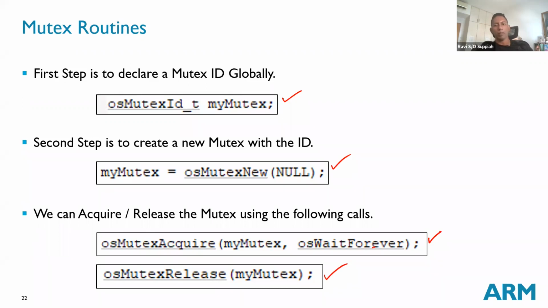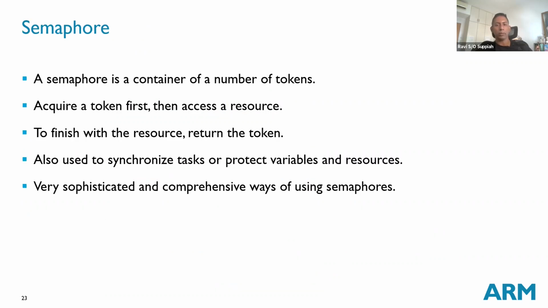If you do not use them properly, or you use them in a wrong way, then you may end up creating more trouble for yourself. I will show you later a demo on what are the things that can go wrong with mutex, which is also a common issue that you might face in your project.